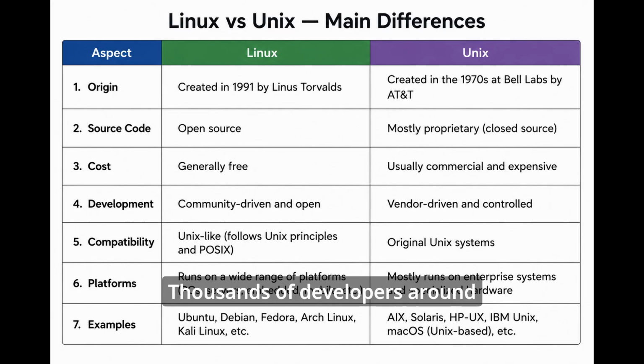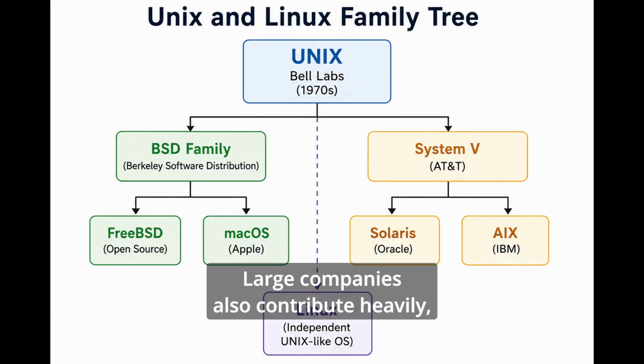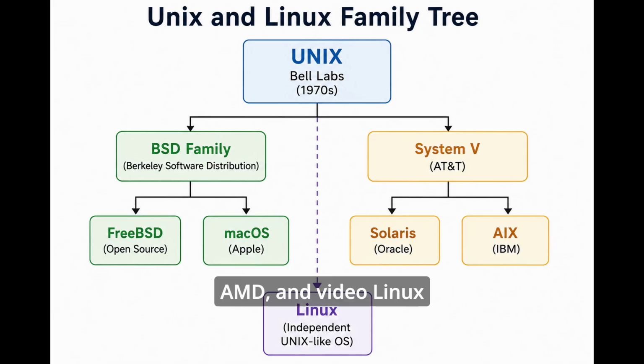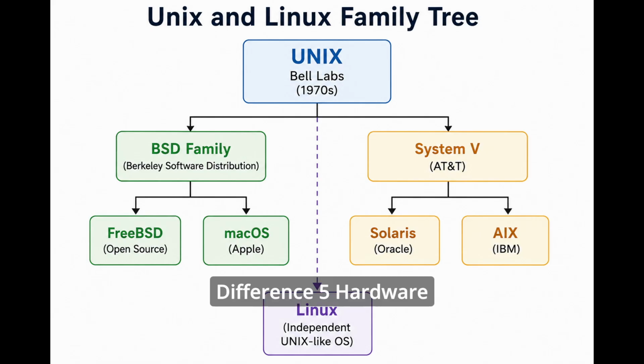Thousands of developers around the world contribute to Linux. Large companies also contribute heavily, including IBM, Intel, Google, Red Hat, AMD, NVIDIA. Linux development moves much faster. Difference 5. Hardware support.